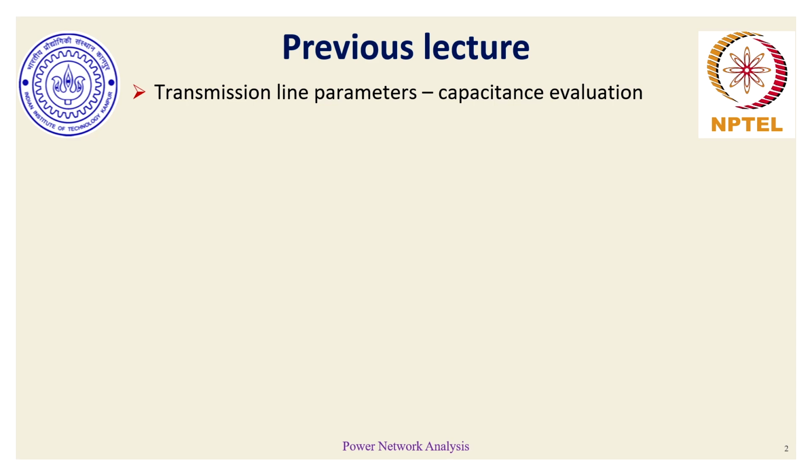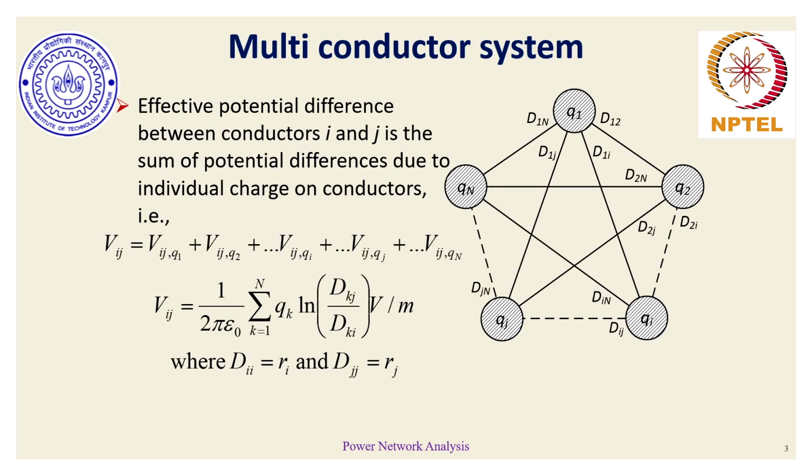This discussion will be based on the previous lecture, wherein we concluded that if there are N charged conductors of different radiuses r1, r2 till rN, and the charges are also different on these conductors, which would essentially mean that the currents in the conductors are also different.